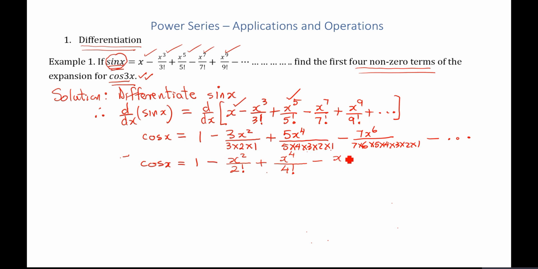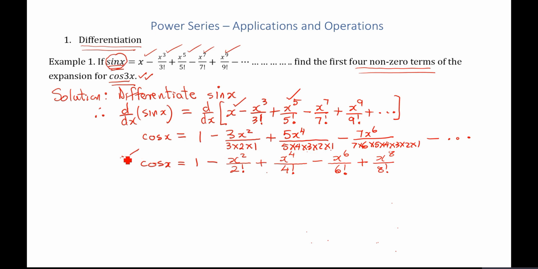The next term is x to the power 6. The 7's cancel. What am I left with? 6, 5, 4, which is 6 factorial. And of course, we know what the next term is. x to the power 8 over 8 factorial.